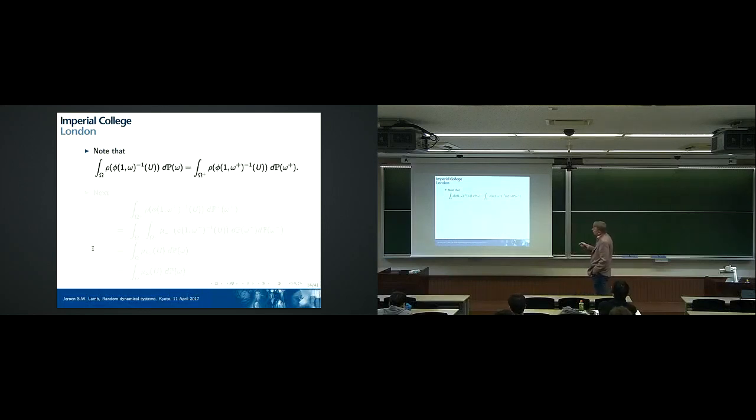Now we have to look at what this thing is, and we observe that the inverse of this map only depends on the future. It doesn't depend on the past at all. We always look at omega 0 and forward; it doesn't look at the back. So this integral is just the integral over omega plus. There's nothing coming from the other side. And so this is this item.